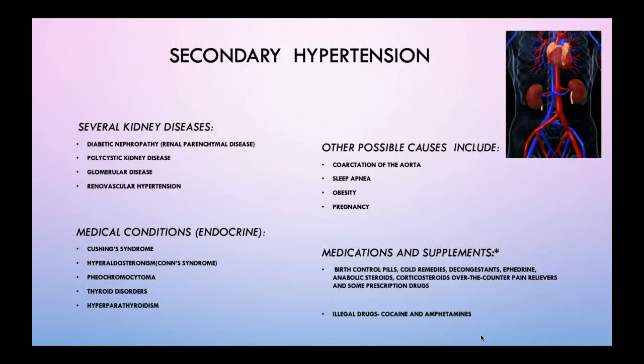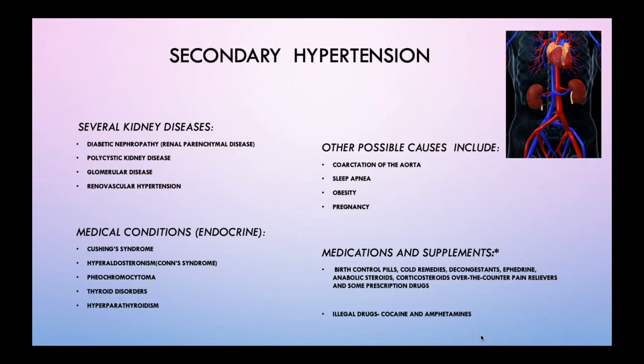This slide shows an overview of the various causes of secondary hypertension, and they may be further subclassified into the following. Kidney diseases, for example, renovascular hypertension, and endocrine conditions, for example, Cushing's syndrome, pheochromocytoma, thyroid disorders, for example, hypothyroidism.